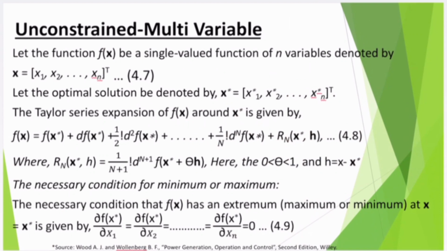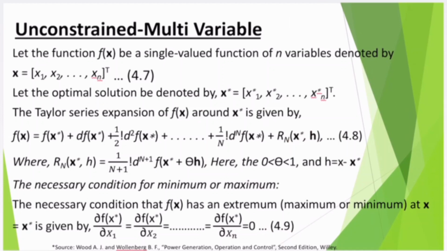Now similarly, if I extend this problem to multivariable, it is unconstrained but multivariable. Instead of one variable, you can have multiple variables. I will just tell you the importance. You may be surprised to see it in a power system, economic operation, control system, where we are talking about optimization. My dear friends, when you try to solve a problem, there are thousands of generators, and you need to find the optimal power output of each generator.